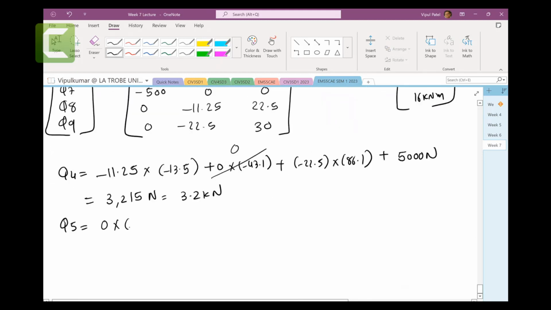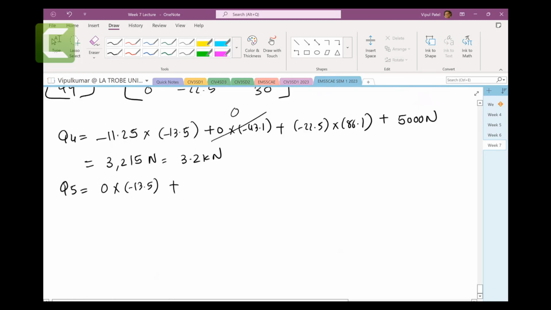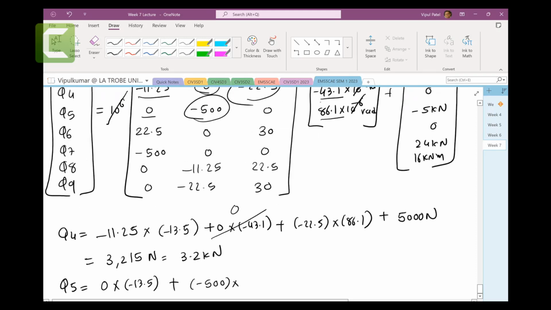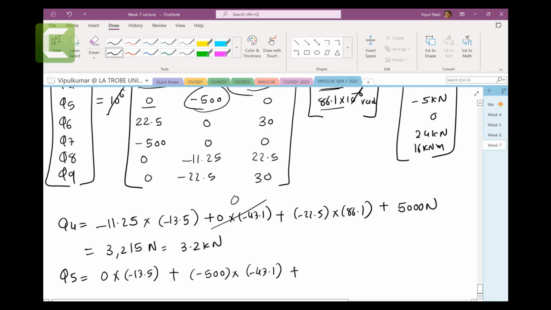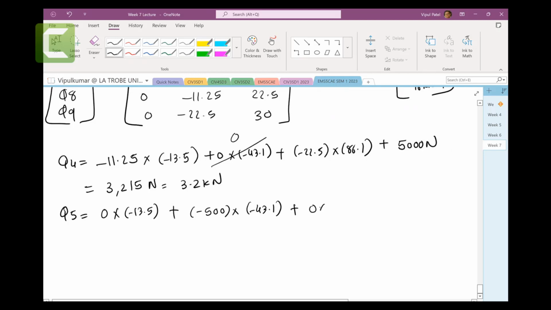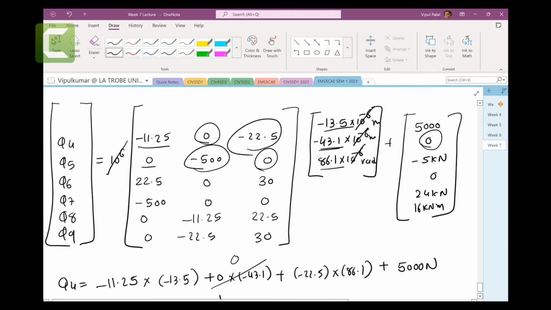So 0 times minus 13.5 plus minus 500 times 40 minus 43.1 plus this one 0. So 0 times 86.1 plus there is a 0 here.